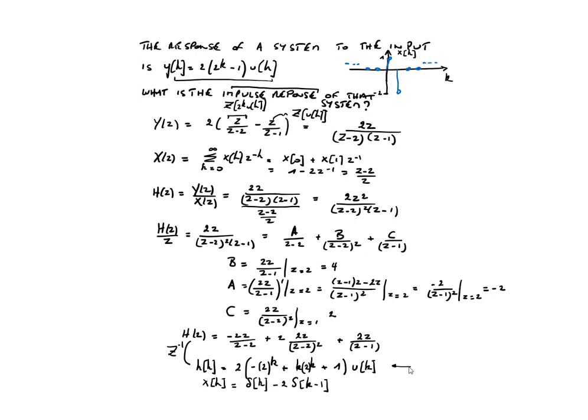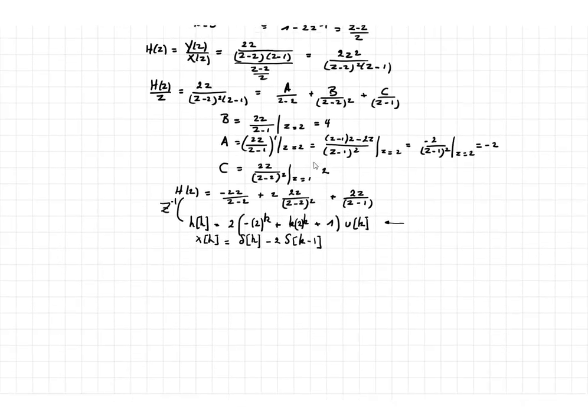So this is the response to a delta, and what we have here at the input is a delta minus 2 times a shifted delta, and the response to this signal should be this over here. So let us check if this is indeed the case.